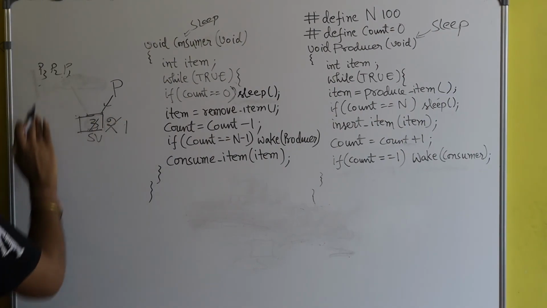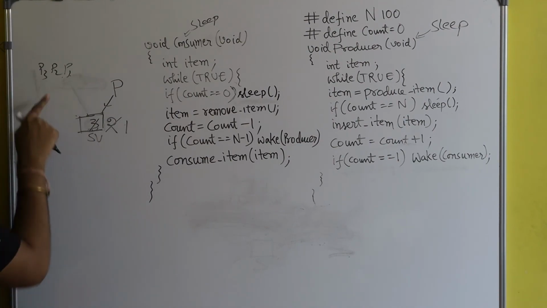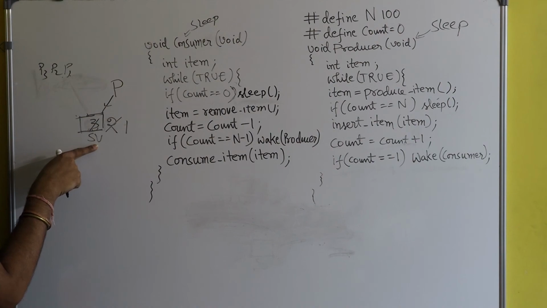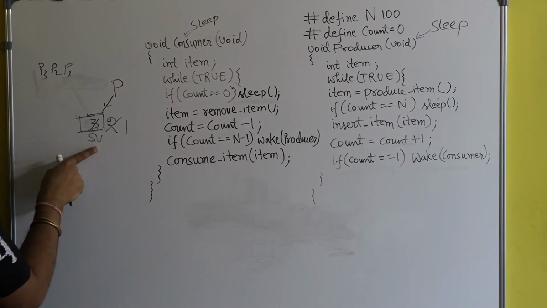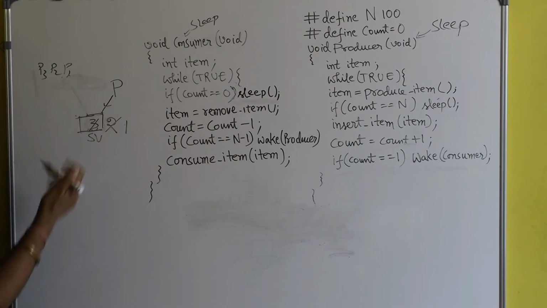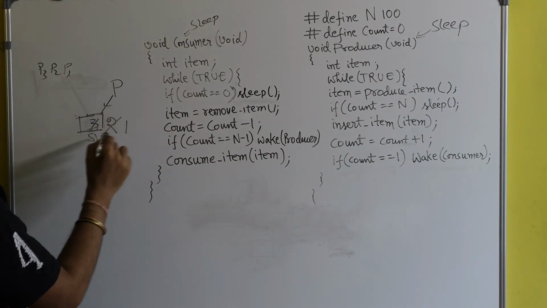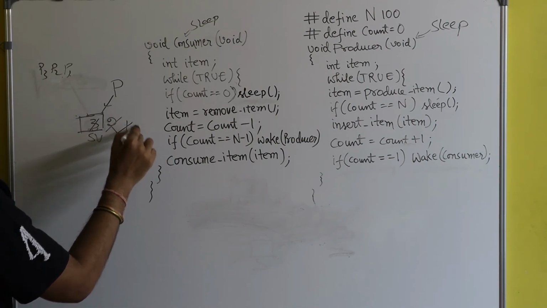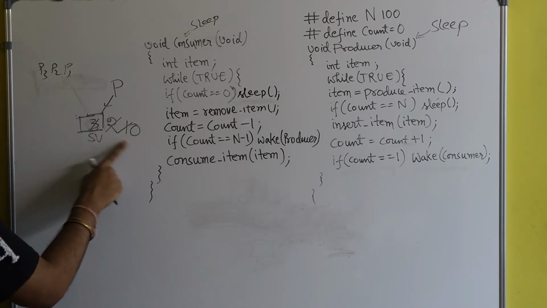Now process P3 comes, and wants to sleep. Before sleeping, process P3 will check the semaphore variable, which is 1. So process P3 will understand that it has been asked not to sleep, and it will decrement the value to 0. Now the semaphore variable is 0.